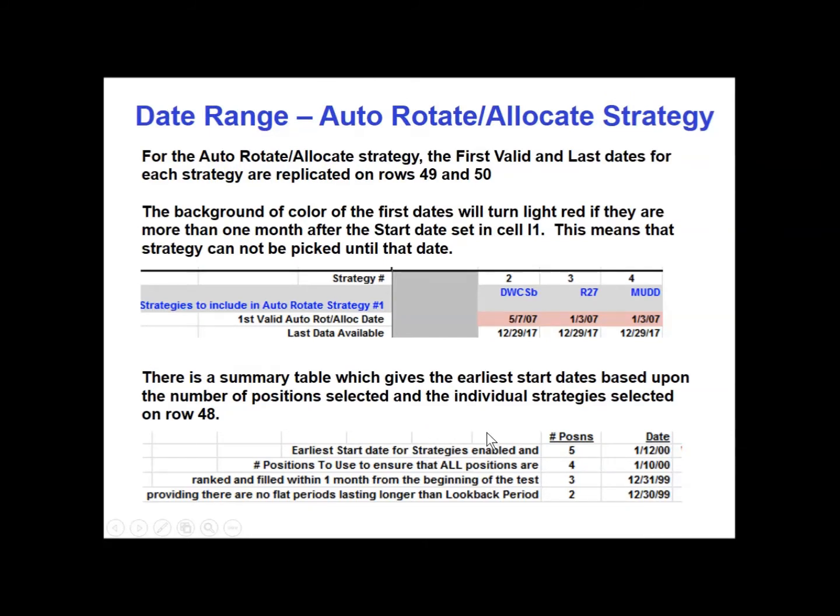Okay, so here's a zoom in on that. Strategies to include, it repeats the names, first valid auto-rotate date, last data available.